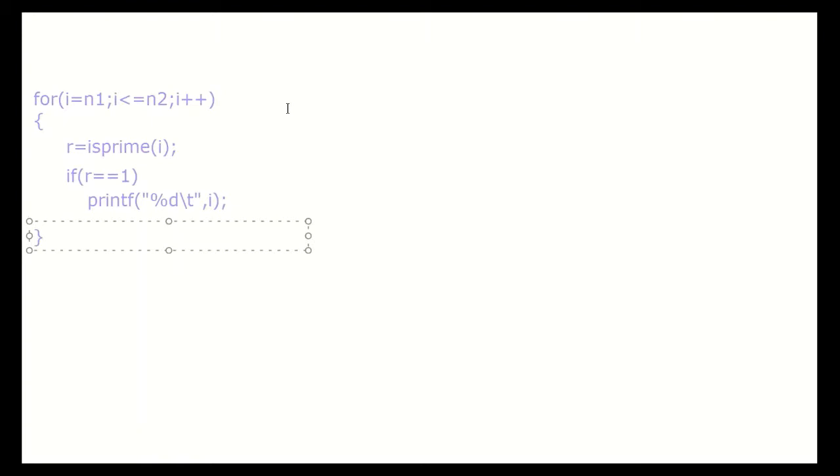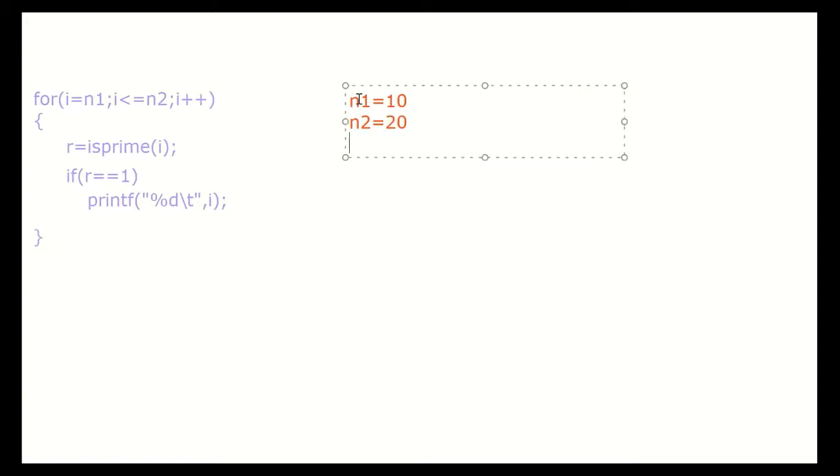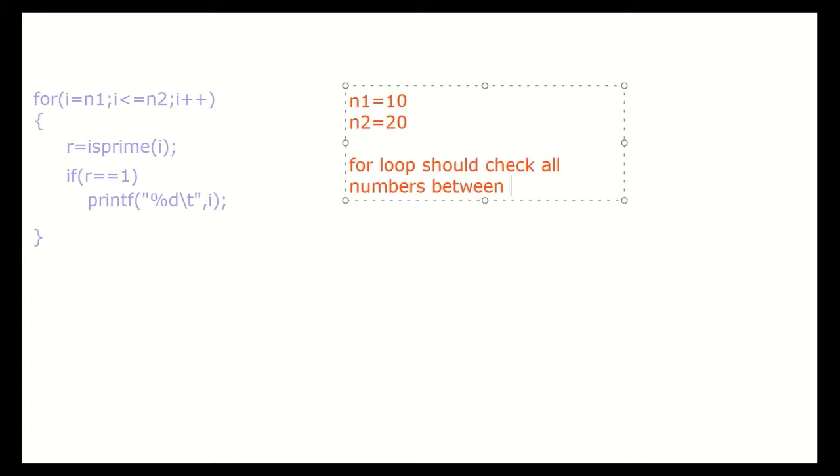So now what is the n value? I will enter n1 as 10 and n2 as 20. Now the for loop should check all the numbers between the given range, all numbers between 10 and 20.